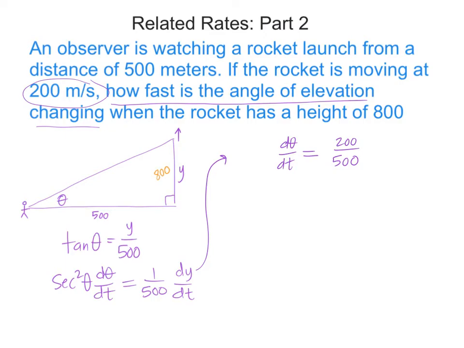Now, I could inverse tangent 800 over 500, figure out what theta was, take the secant of that and square it, or I could just use the triangle itself and keep my numbers exact. If I have sides of 500 and 800, if I square both of those and add them together, I get 890,000.